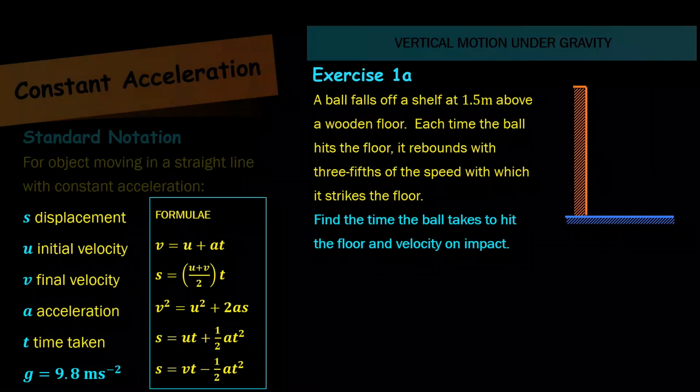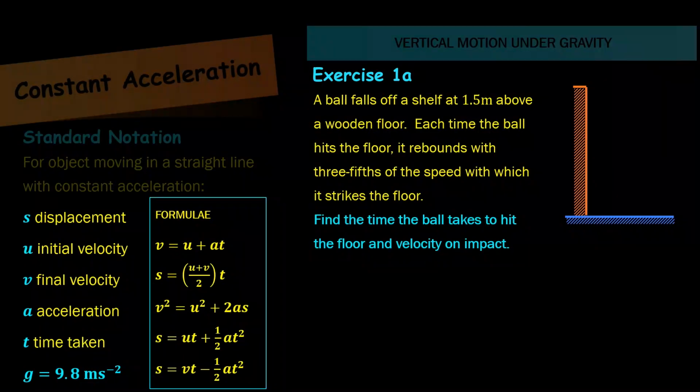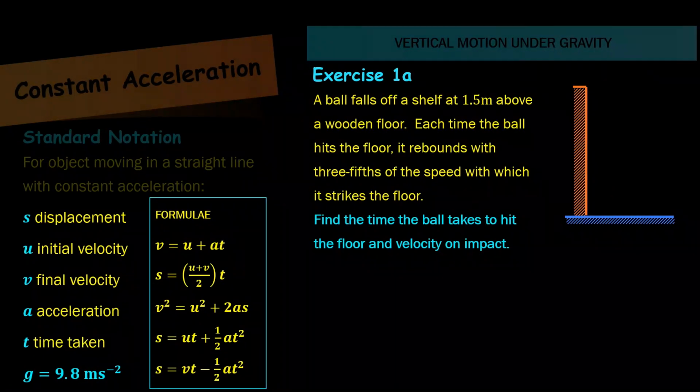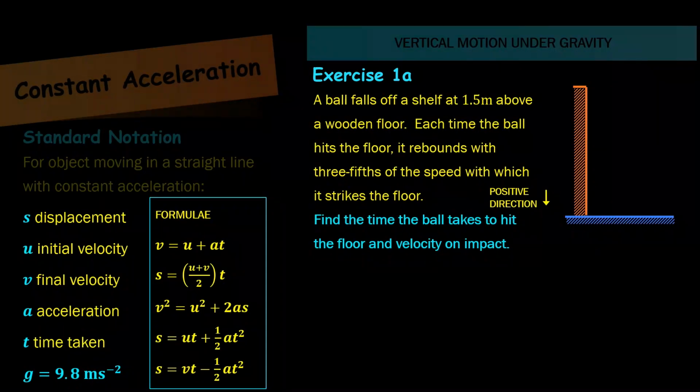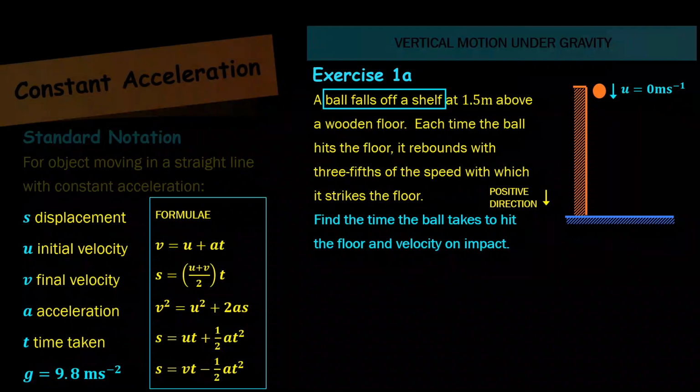So let's take a look at example 1a first. We are required to find the time the ball takes to hit the floor and the velocity on impact. We're going to take the downwards direction as the positive direction. So when the ball falls off the shelf, we have the initial velocity as 0 meters per second.